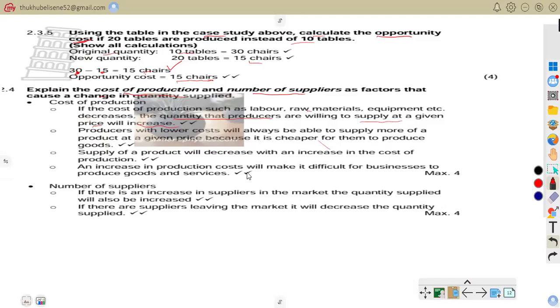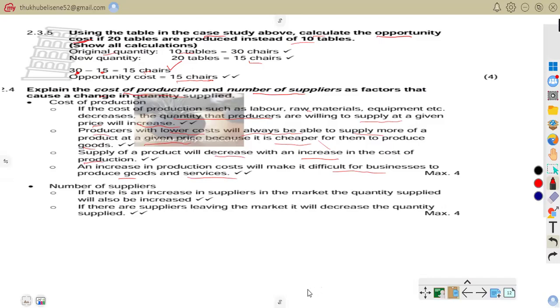Producers with lower costs will always be able to supply more of a product at a given price because it is cheaper for them to produce goods. Supply of a product will decrease with an increase in the cost of production, since an increase in production cost will make it difficult for businesses to produce goods and services.